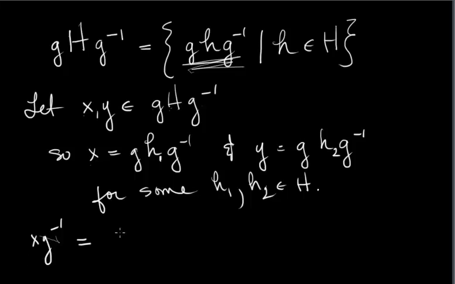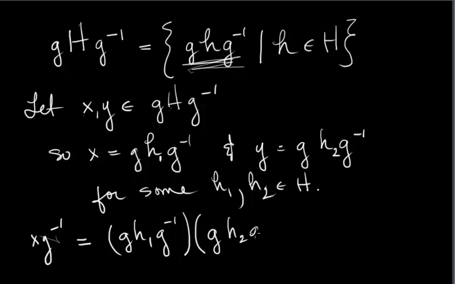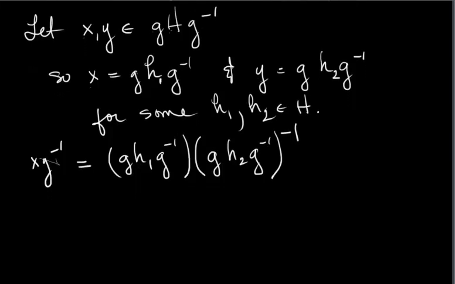XY inverse is, okay, well, the obvious thing would be to write G h1 G inverse for X. And then for Y, it's G h2 G inverse. And it's Y inverse, so we take the inverse of that. Now, we were not told anything about G being abelian, so you have to be careful here.